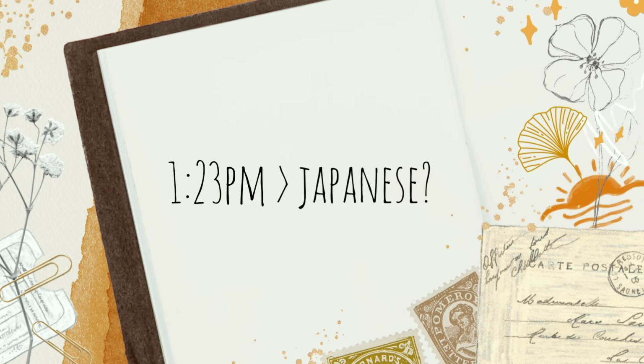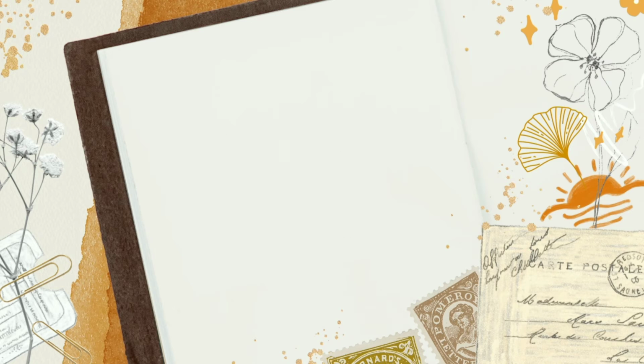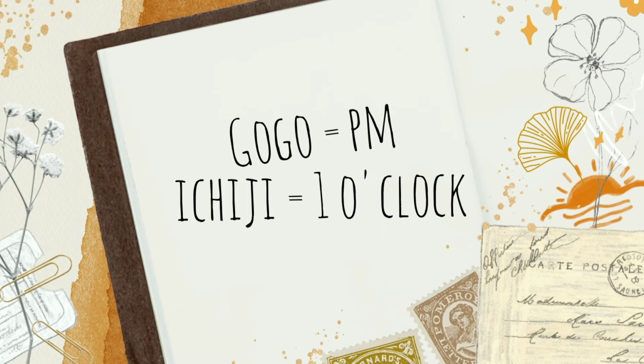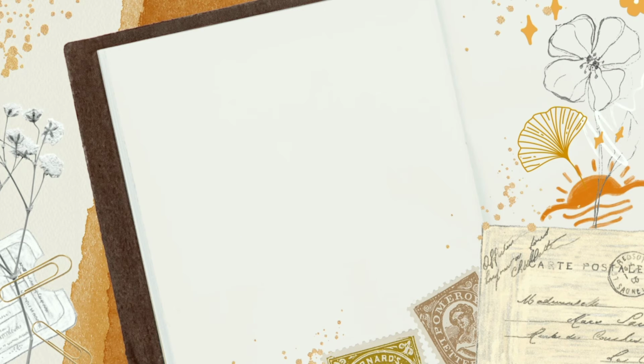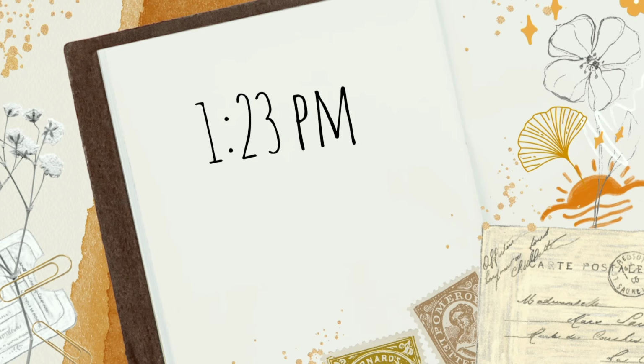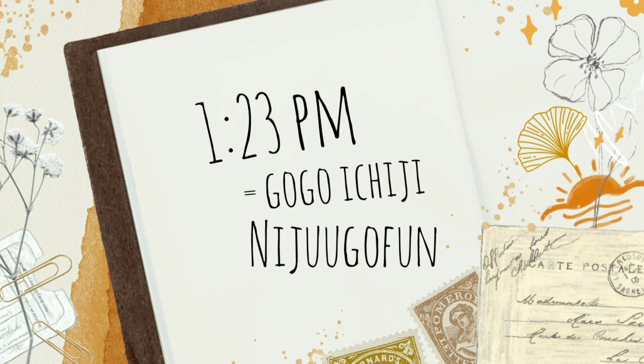Keep in mind the order of how the Japanese tell their time. First would be gogo for p.m., followed by ichiji for 1 o'clock, and finally nijuu san pun for 23 minutes. Again, 1:23 p.m. in Japanese is gogo ichiji nijuu san pun.